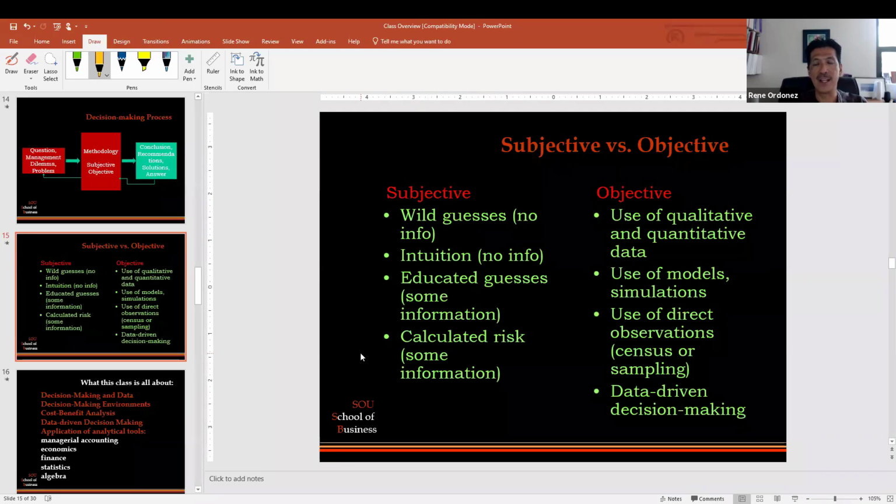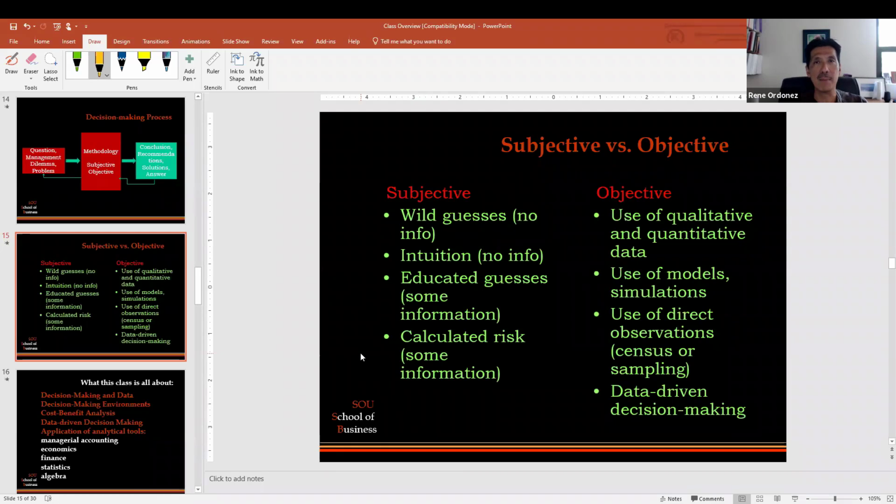All right. So in decision making, we talk about decision making environments: an environment of uncertainty, an environment of risk, or an environment of certainty. An environment of uncertainty is the worst possible decision environment.